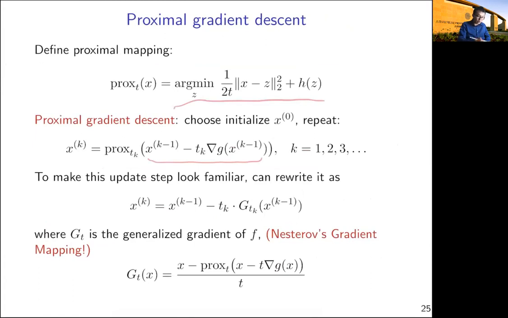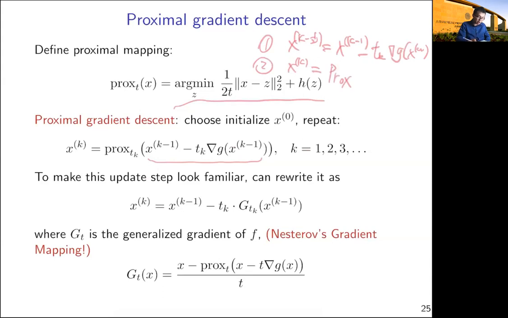Notice that this x is now the input. You first update x at k minus half using x at k minus 1 minus t_k times the gradient of g at x at k minus 1. In the second step, you update x_k to be the so-called prox operator.